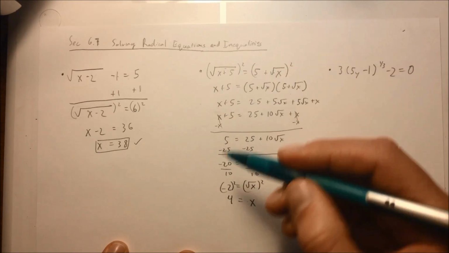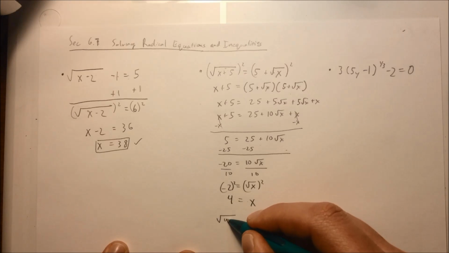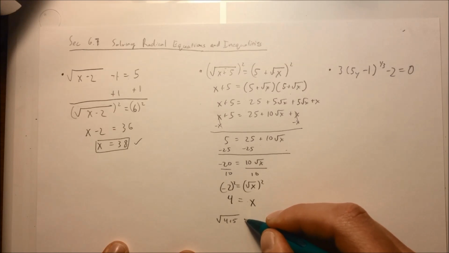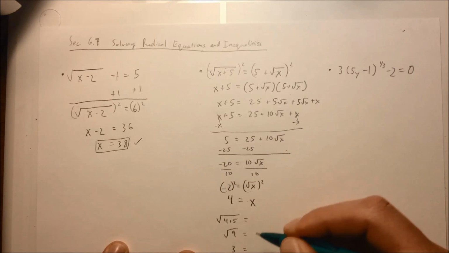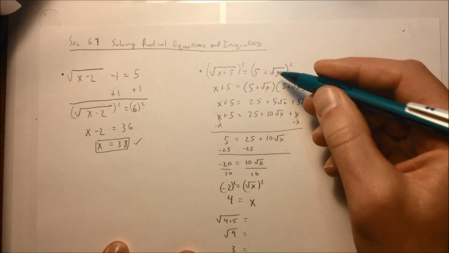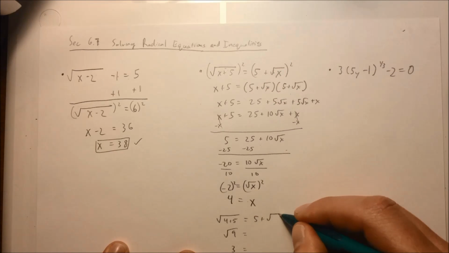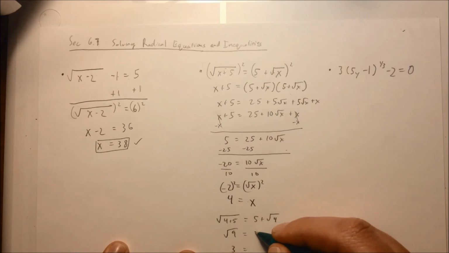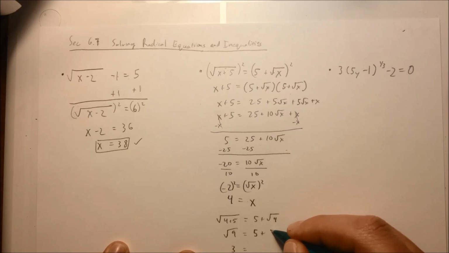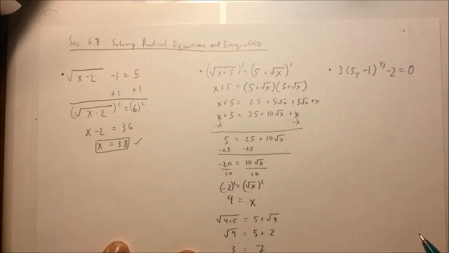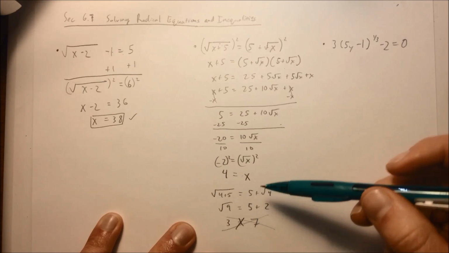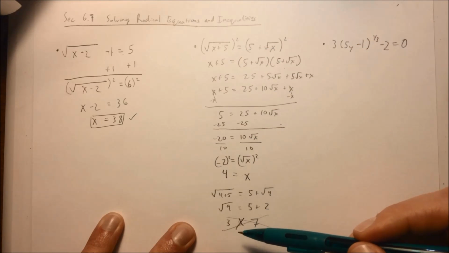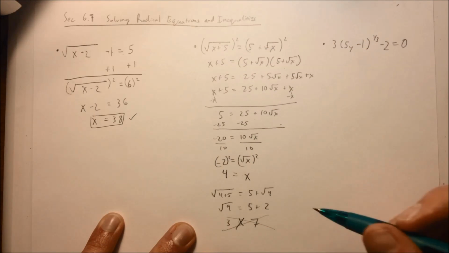If I plug 4 into here, square root of 4 plus 5, well, that's going to be the square root of 9, which is just going to be 3. And if I do the other side, 5 plus the square root of x, it's going to give me 5 plus 2, which is 7. Does that work? No, it does not. So what can actually happen here is we may work the whole problem out and find there's actually no solution. That can happen.